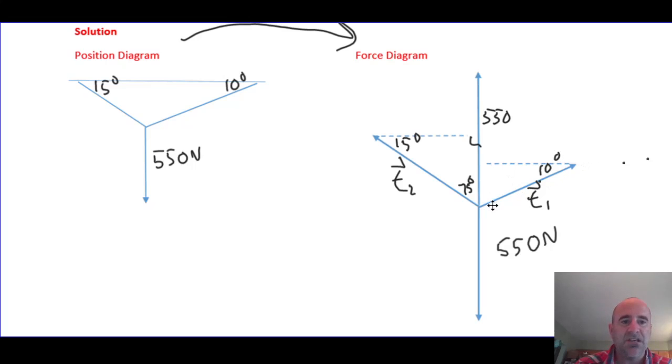And let's think about taking this tension here and moving it over here. So when I do that, it looks like this over here. And now these are head to tail. And so I know that when I add T2 to T1, the result of adding those together is this vector right here.